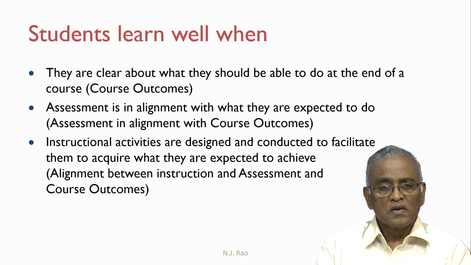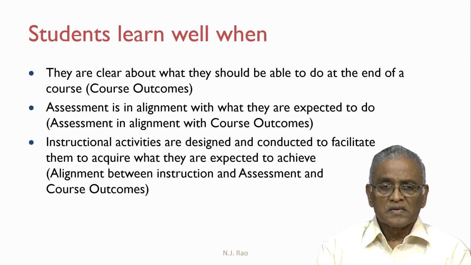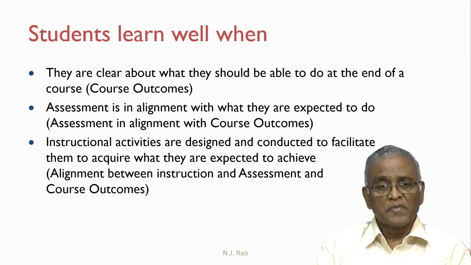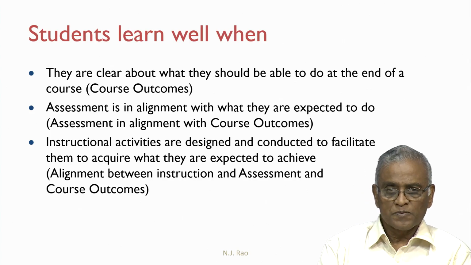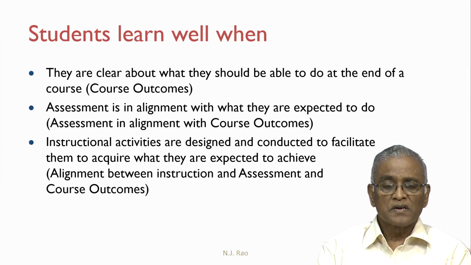If it is one cognitive level lower than the cognitive level of the course outcome, it is acceptable, but less alignment. Similarly, instructional activities are designed and conducted to facilitate them to acquire what they are expected to achieve. That means alignment between instruction and assessment and course outcomes. That is what it means.